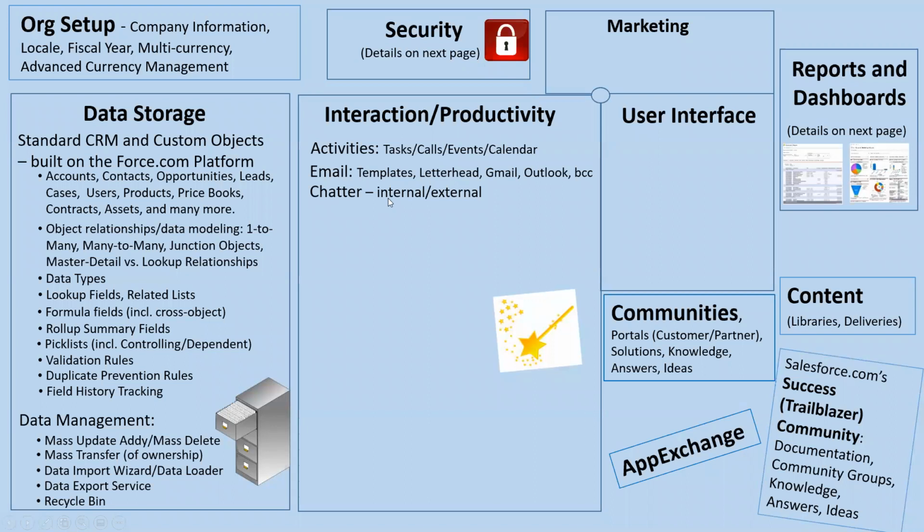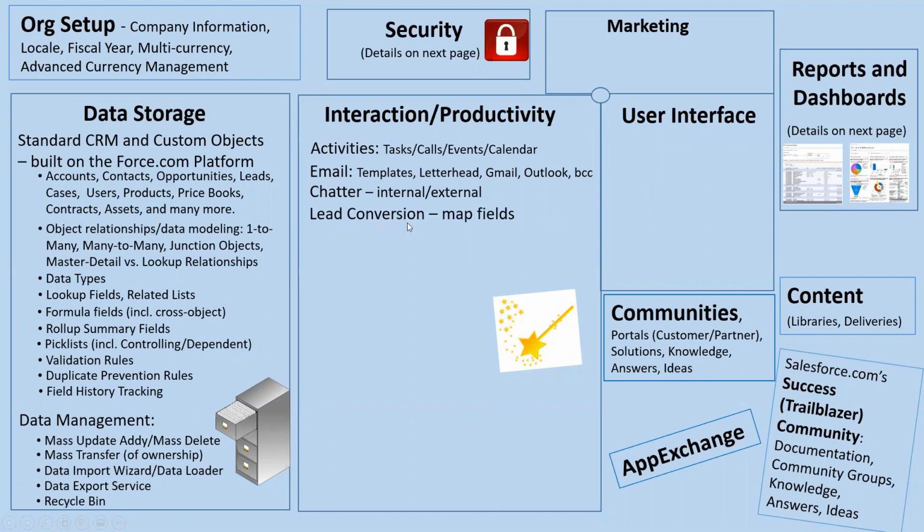It can be internal, or you can even provide external access. Salesforce standard licenses come with large numbers of licenses that you can give to external users and then control what they can do when they participate in the chatter in your organization.